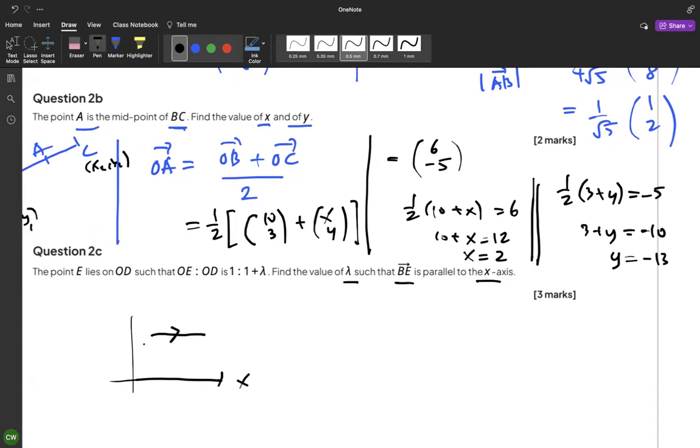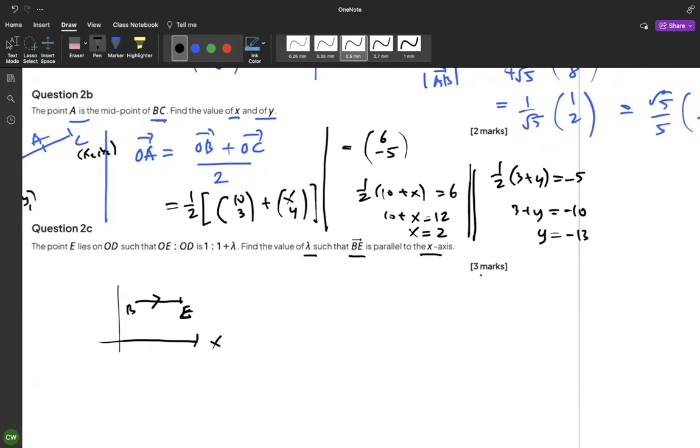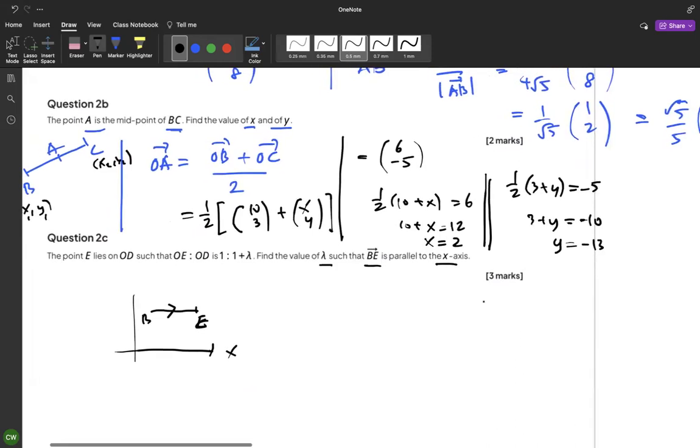PE parallel to the x-axis means this one. So how? You want to think? The y coordinate is equal, or for PE, the y coordinate is 0.